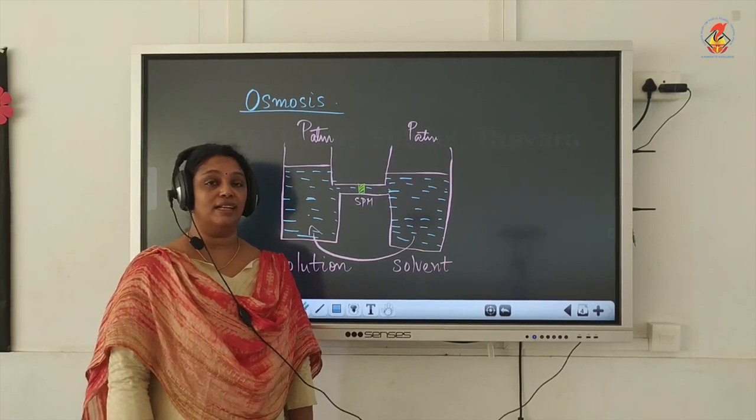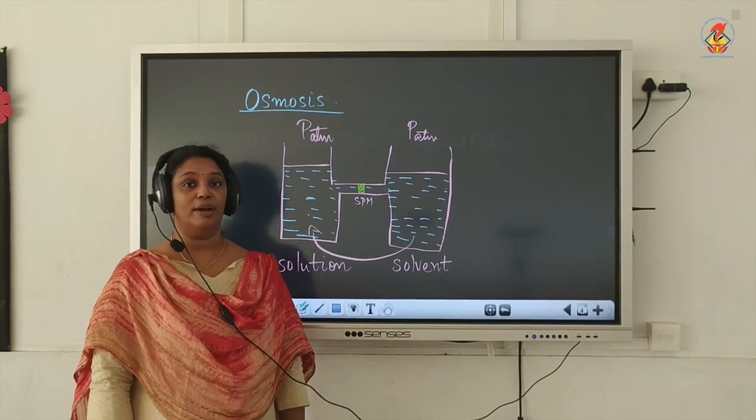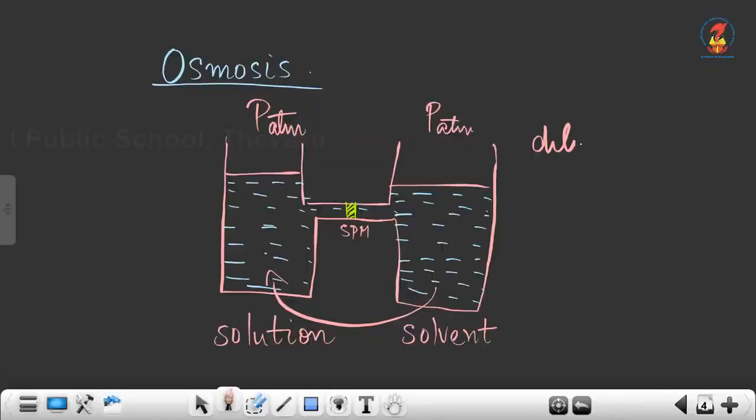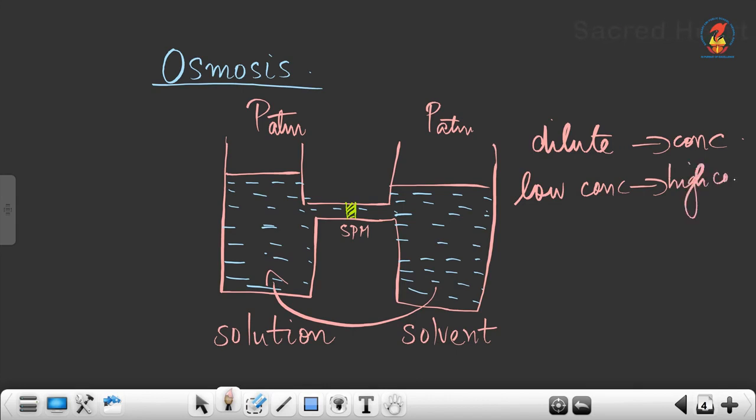Now we can say that osmosis always takes place from dilute to concentrated solution, or from low concentration to high concentration.